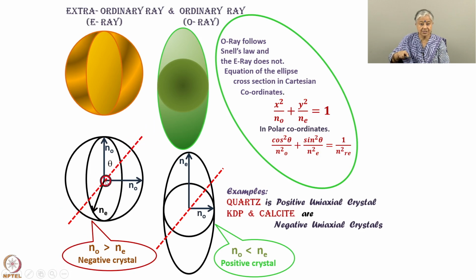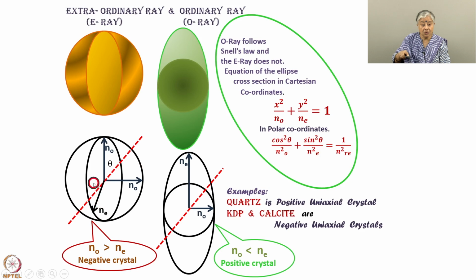Obviously, it splits up into the O ray and the E ray. The O ray will obviously have NO as the refractive index, everywhere, wherever it goes. But then what about the E ray? Suppose it is going in this direction. It will depend on the angle theta. Now, from where do I measure this angle?